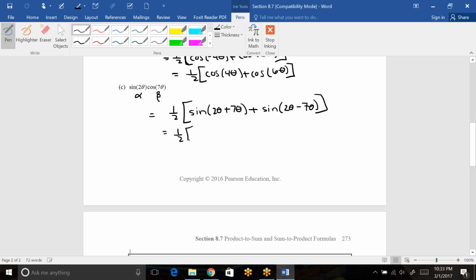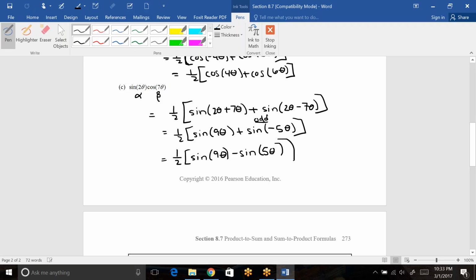This would be 1/2 sine of 9 theta plus sine of -5 theta. Because sine is an odd function, we know that the negative gets pulled to the outside. That's the equivalent form. So this would be sine of 9 theta minus sine of 5 theta, all times 1/2.